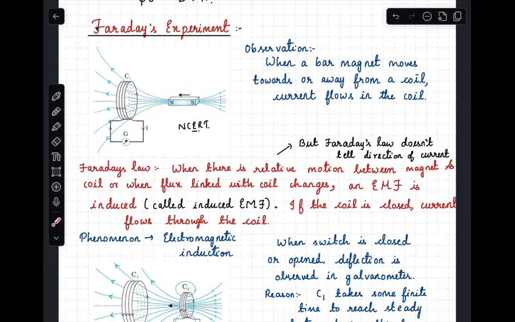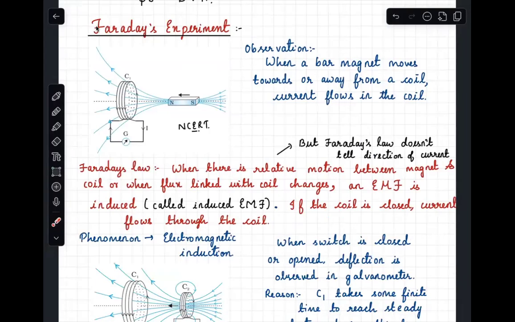Faraday observed that when a magnet is moved towards a coil, there is a current flow. So long as the magnet is moving relative to the coil, there is a current flow. If the magnet is fixed with respect to the coil, no current flows. Which means when there is a relative motion between the magnet and coil, there is a current flow.